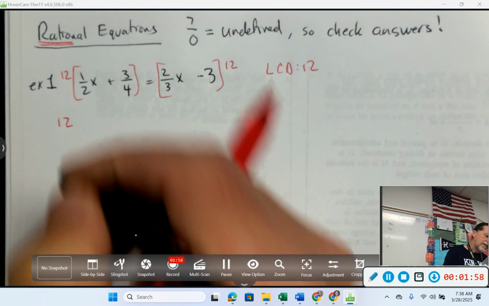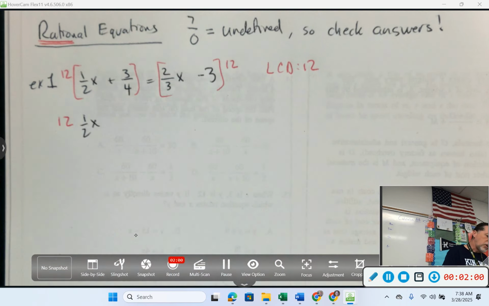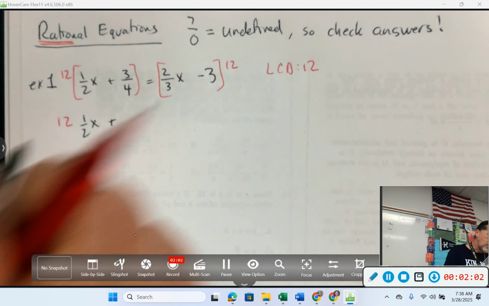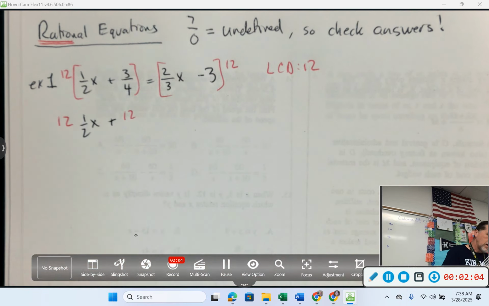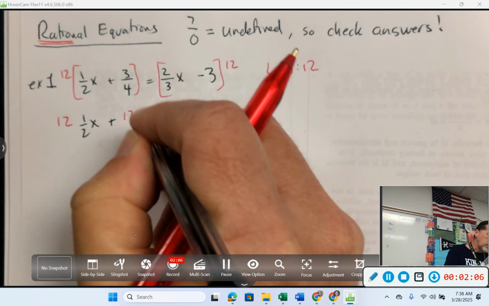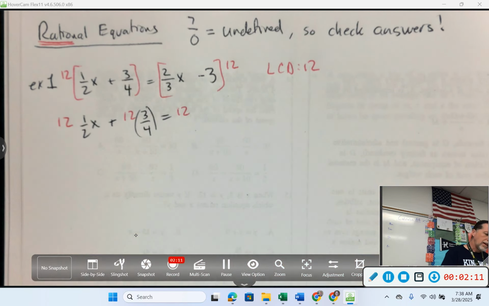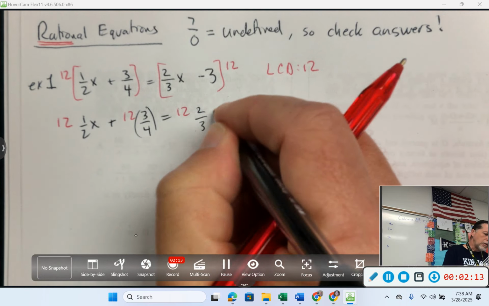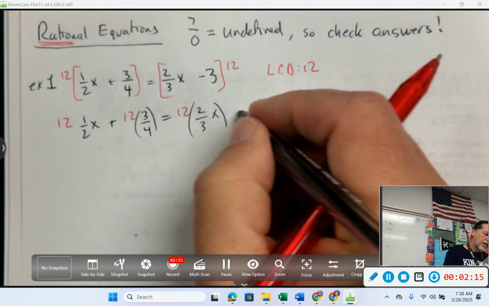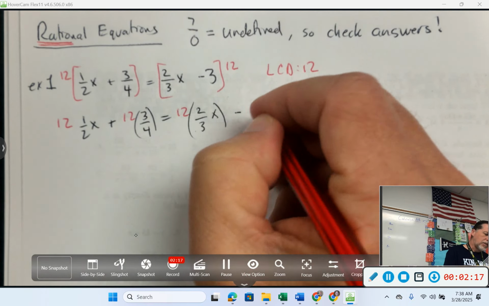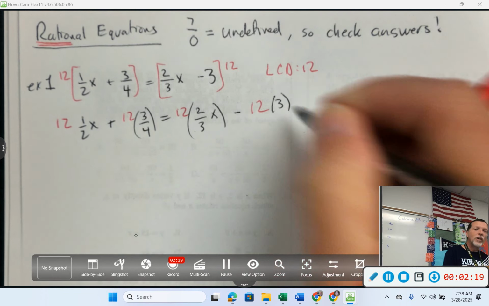In fact, I'm going to show it on this first one. Overkill here, but important, you've got to multiply everybody by 12. Most of you will not show this step, which is fine, because it does feel a little bit overkill.